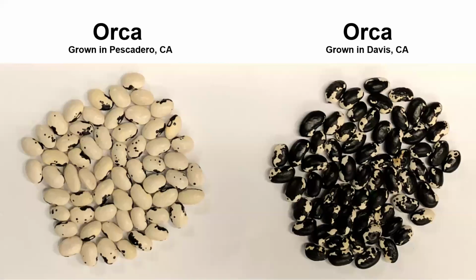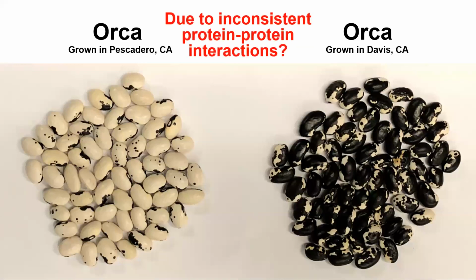So then the question is, why do we see this kind of thing? One hypothesis is that I mentioned that orca has two mutations that have to come together to have this kind of seed color pattern. And we know that in one of the proteins, the mutation is in the domain that interacts with the second one.